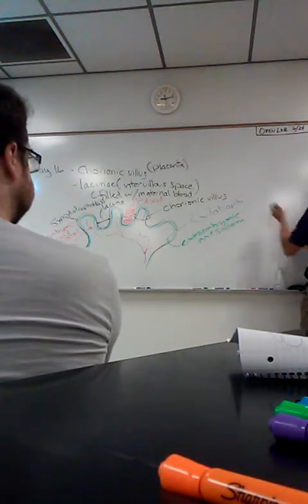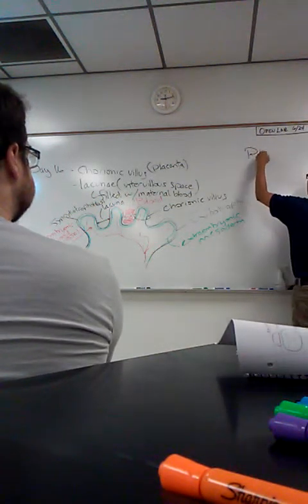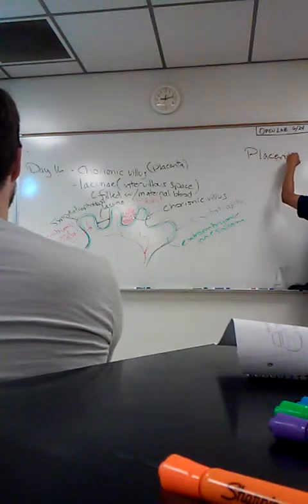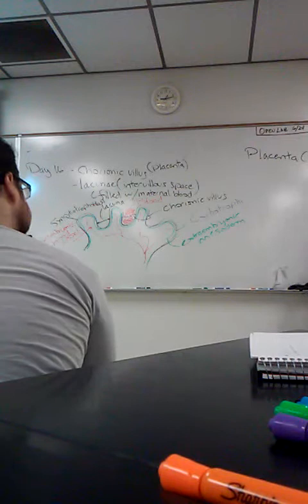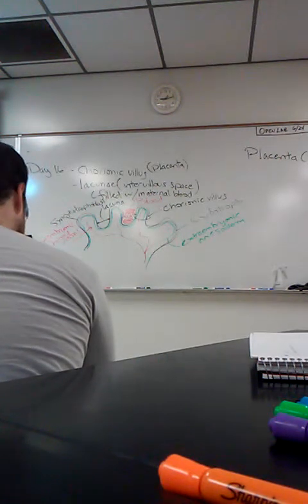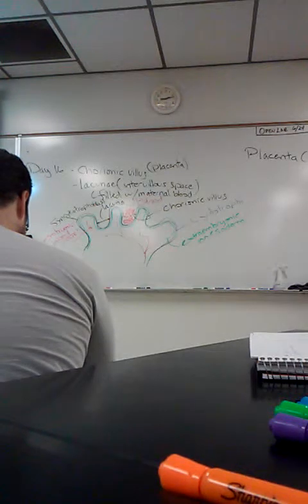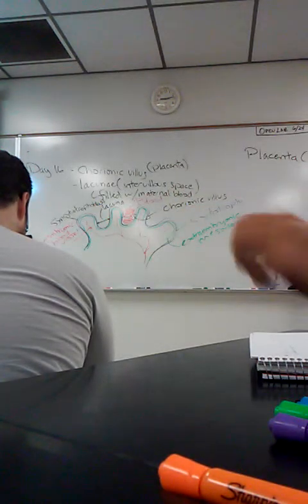Placenta means cake. It's kind of pie shaped. We'll see, but right now the biology is chorionic villi.